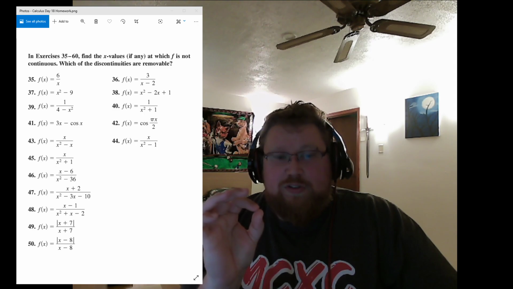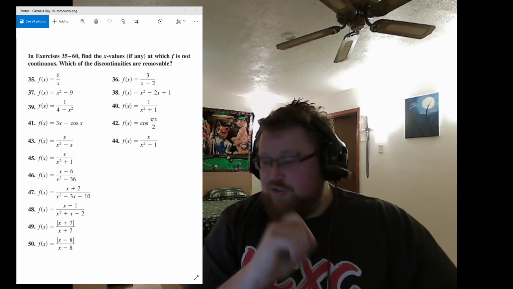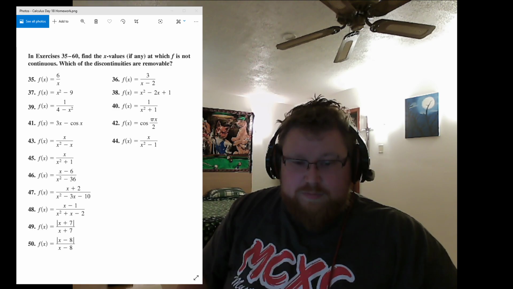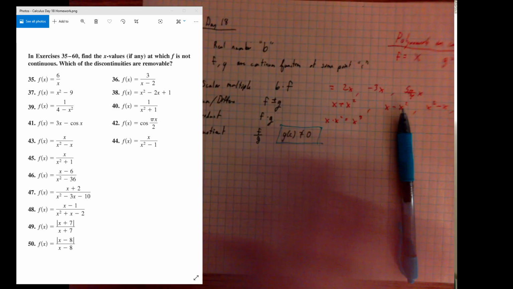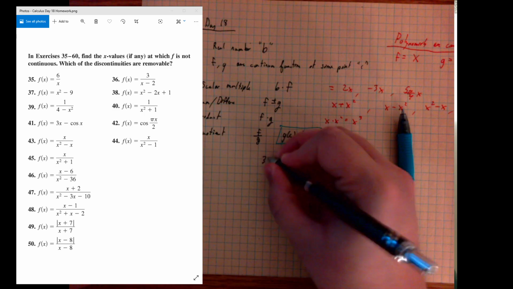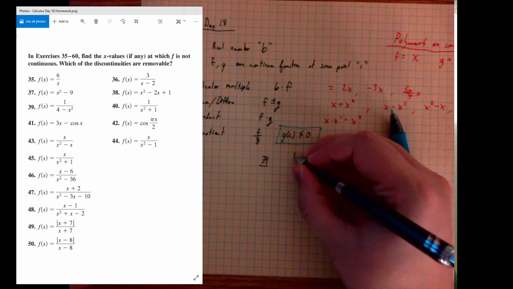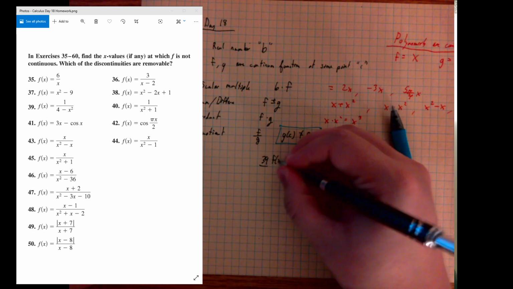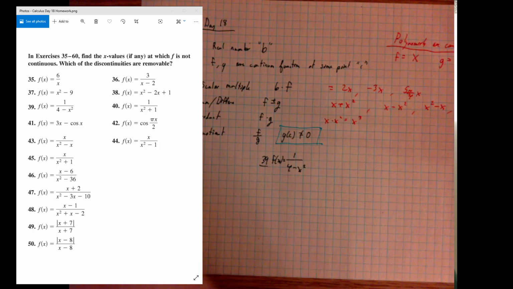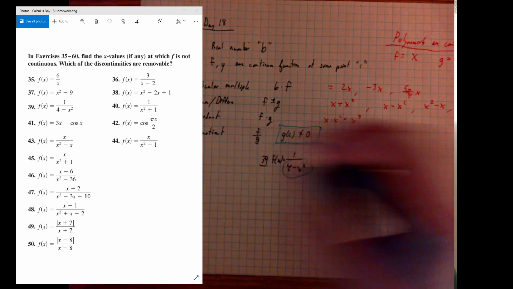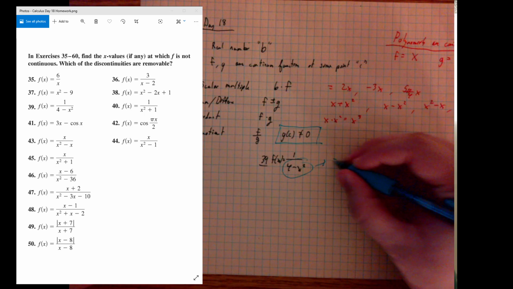How do we find those solutions? Well, it's actually quite simple. In general, one of the things you want to do for these problems is you want to take the denominators. So for example, on 39, I have 1 over 4 minus x squared as my function, f of x. What you want to do is take the denominator portion of this problem, which is just the 4 minus x squared, and let it equal 0.